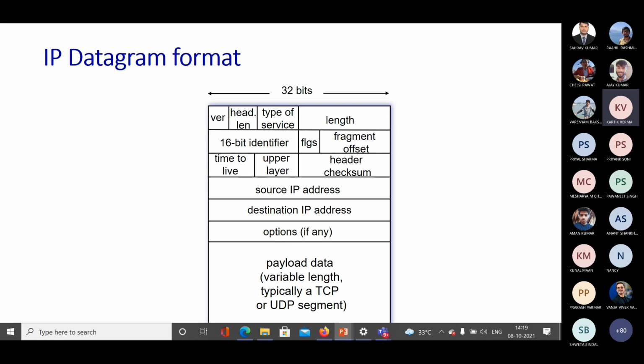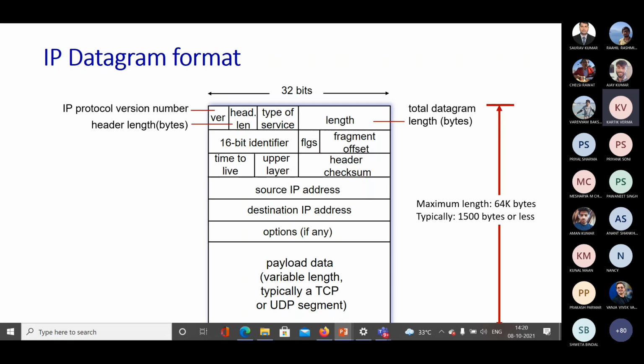We will see why this options field is kept when we study these in detail, and then in the last one you put the payload. This length is for the total datagram length. It can be at most 64,000 bytes, and typically it is 1500 bytes or less.